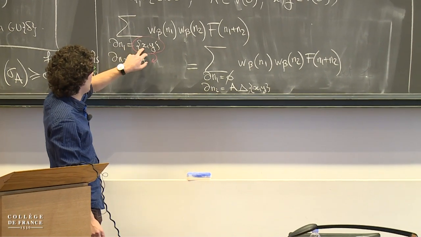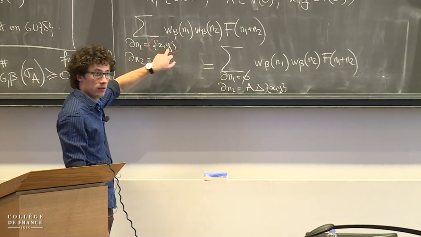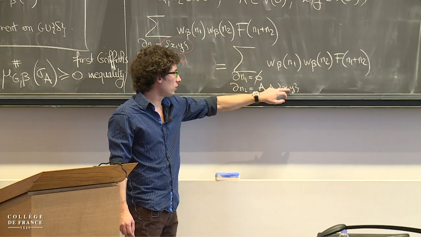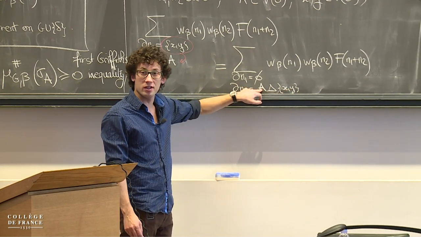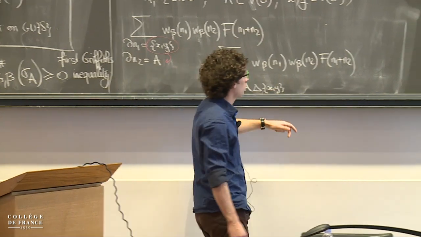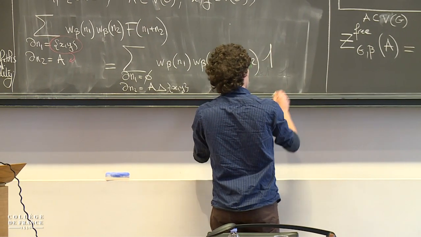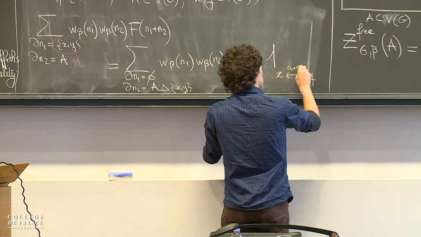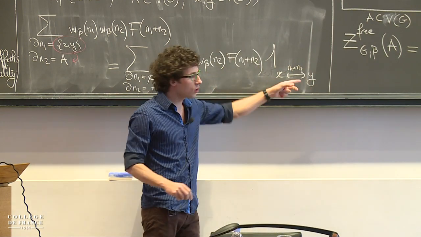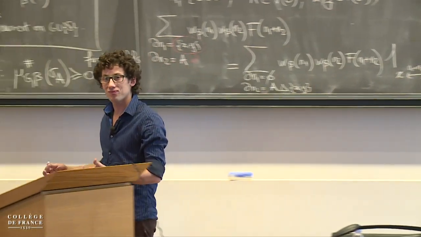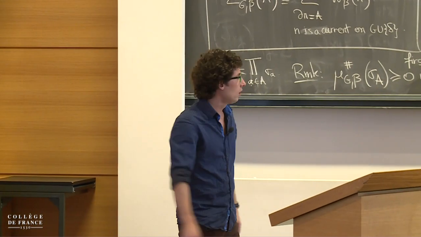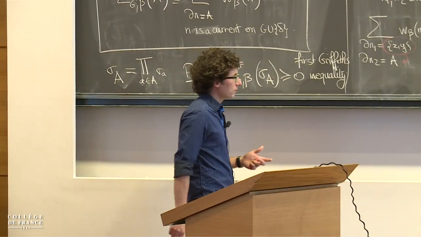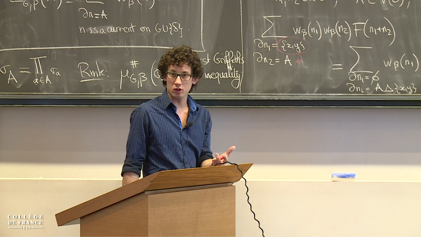Here in N1, X and Y need to be connected. Here, a priori, they have no reason because maybe X and Y are already in A. So the thing that you're going to add is the indicator that X is connected to Y in N1 plus N2. Here I should tell you what I mean by connected because it's not really clear. For a current N, you can look at the trace of the current.